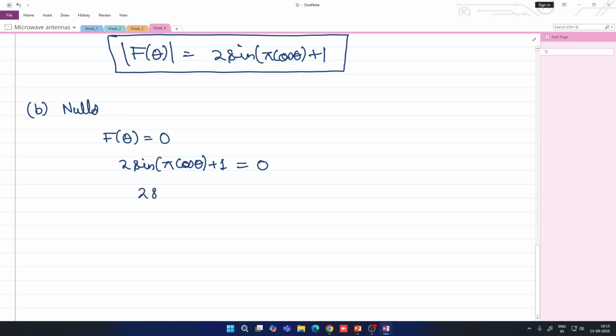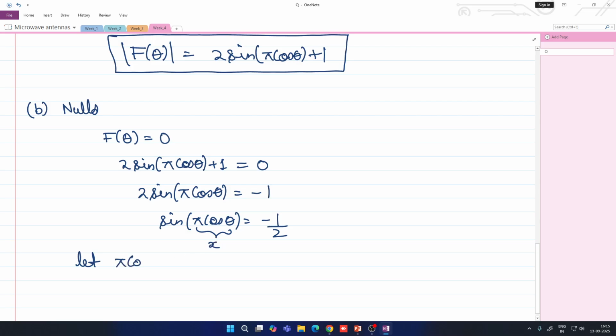That means I can rewrite this as sin pi cos theta is equal to minus 1 by 2. Now what we will do, we will let pi cos theta be x, so it will become sin x equals minus 1 by 2.